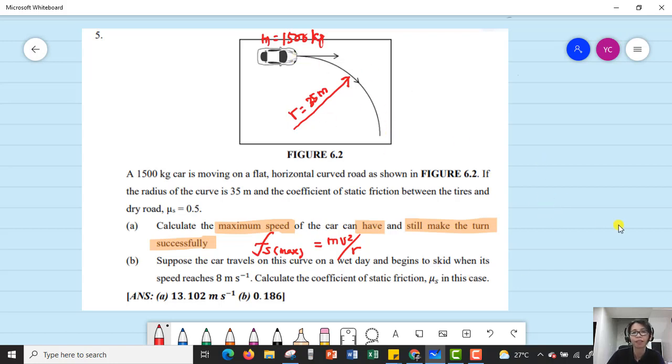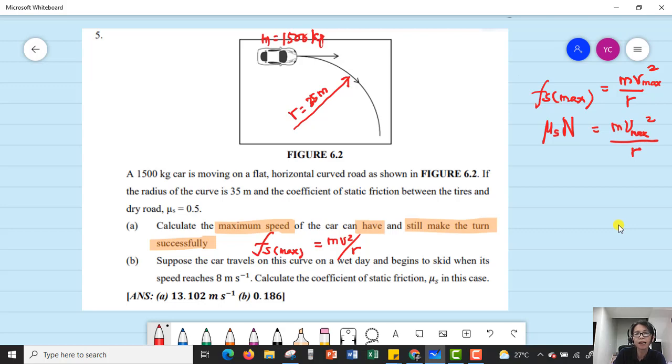So Fs maximum equals mv squared over r. When it comes to maximum static friction, the velocity will be maximum. So maximum static friction is mu s n equals m v maximum squared over r.